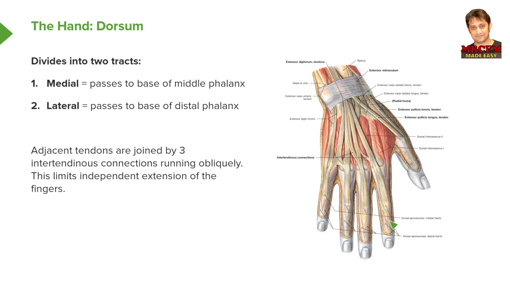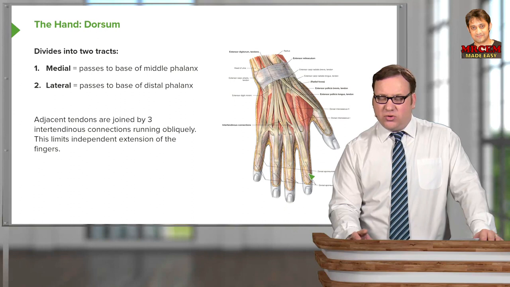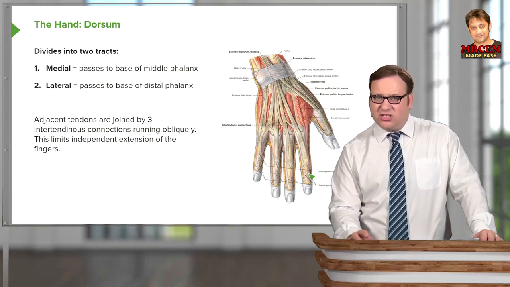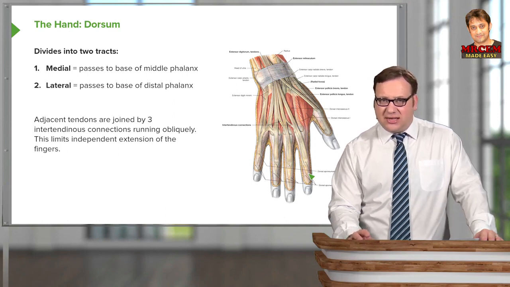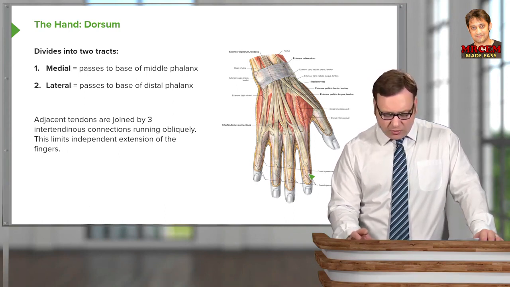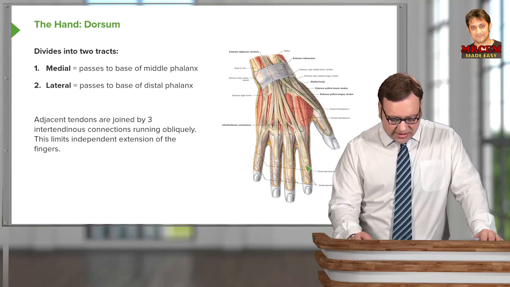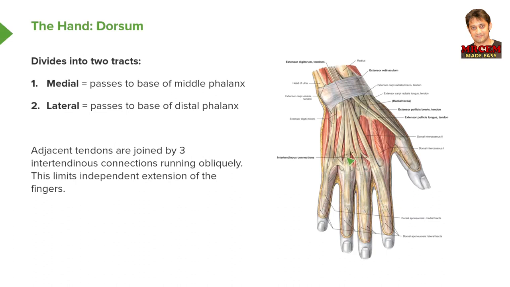This means that you don't have as much control over the extension of the digits, and it tends to act as one. You have less ability to extend the individual interphalangeal and metacarpophalangeal joints as you do with flexion, and they seem to act as one smooth movement. We can see that adjacent tendons from extensor digitorum are joined by some obliquely running interconnections.